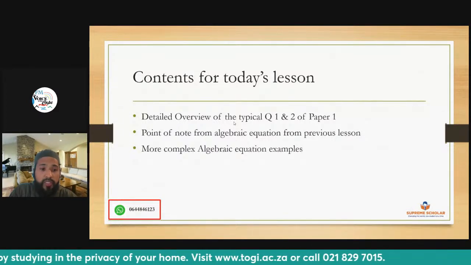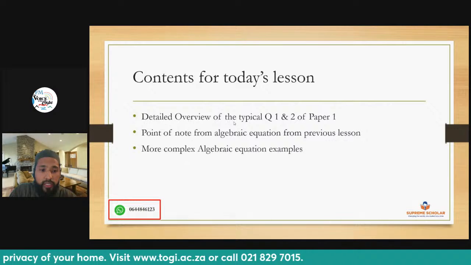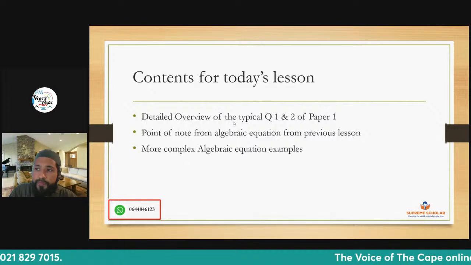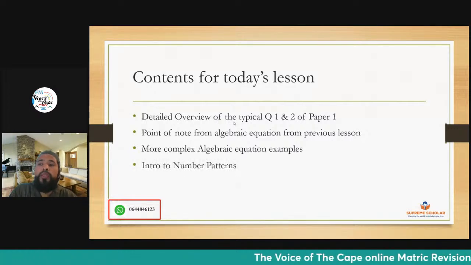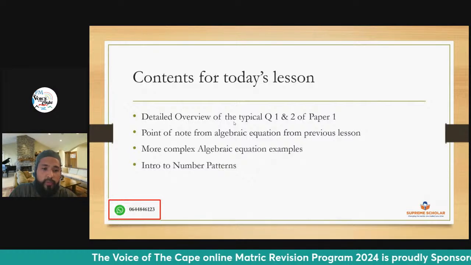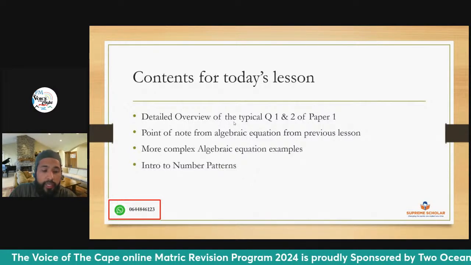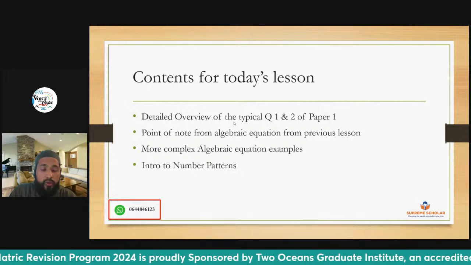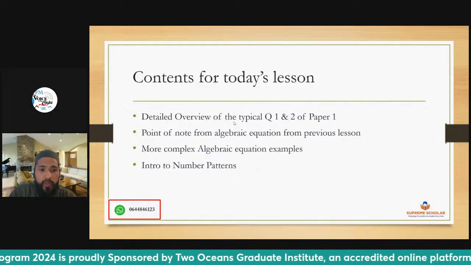We will be looking specifically at another algebraic equation, and we will be looking at an inequality, which falls under the section. And then we will start with number patterns. Then we will look into number patterns, which is the second section, typically the next section, a very big section in your final exam that you can expect questions on.